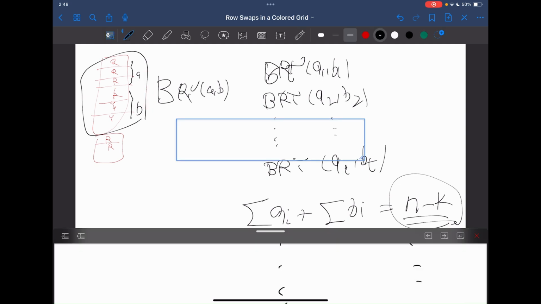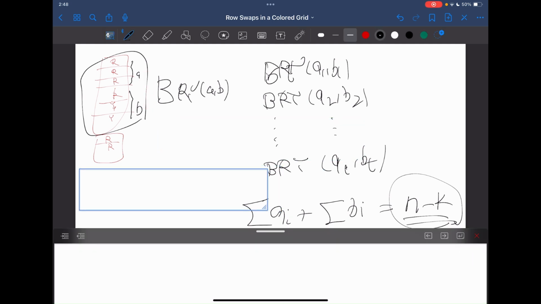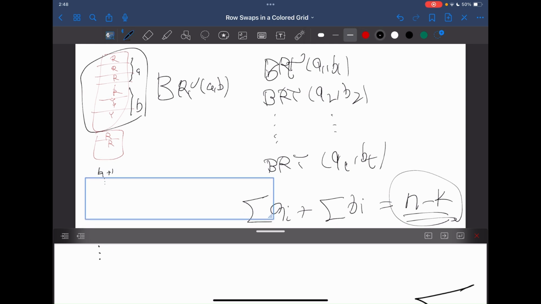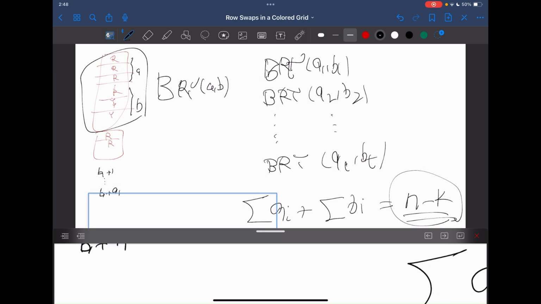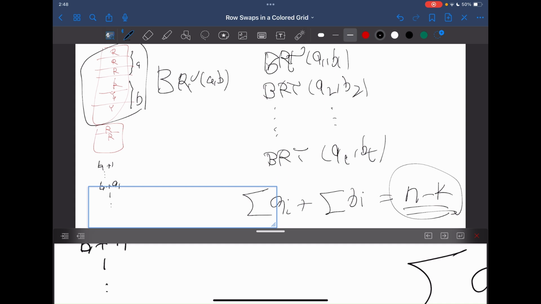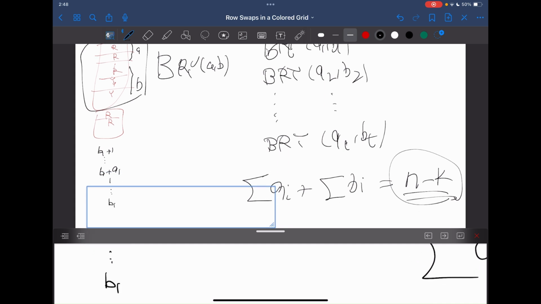Okay, so let's consider this permutation. Let's consider B1 plus 1, B1 plus A1, and then 1, B1.